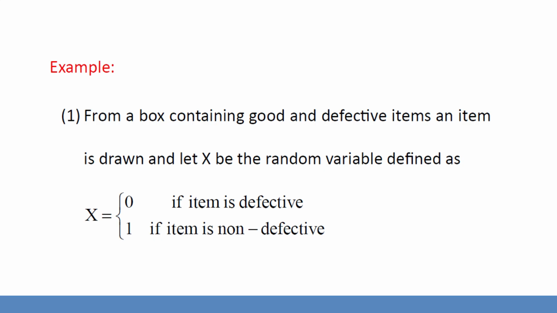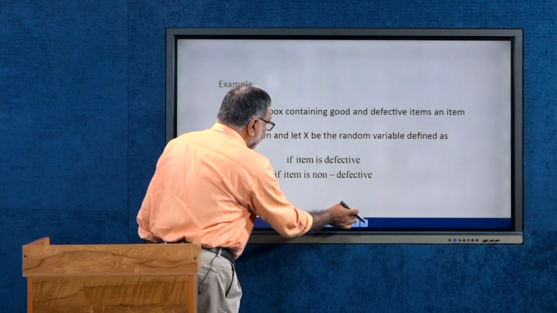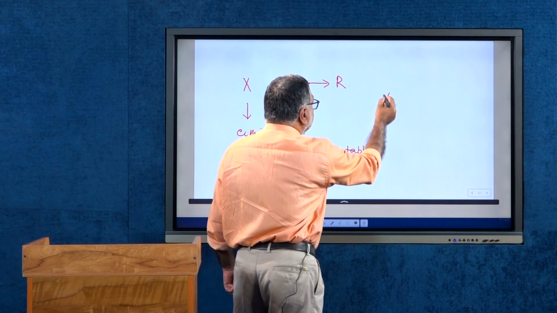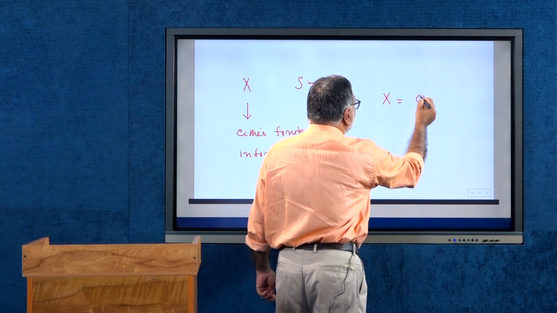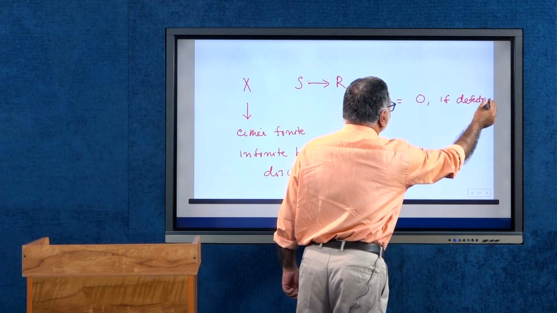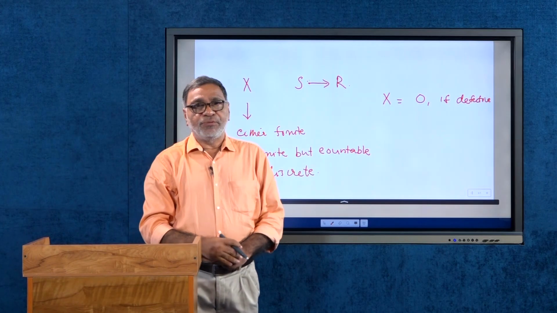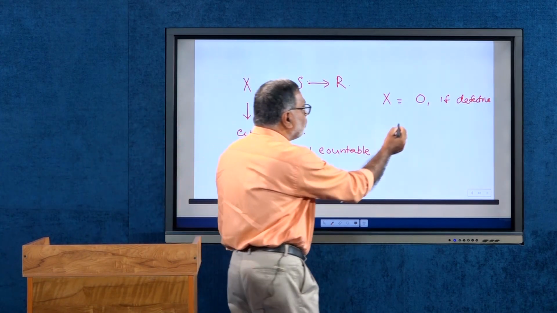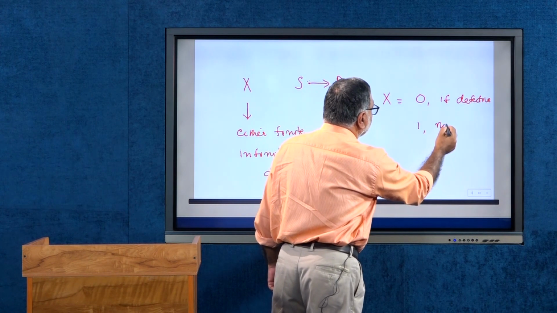For example, suppose you consider a box containing defective and non-defective items, that is, good and bad items. If we are drawing items from the box, suppose we define a random variable x as 0 if the item is a defective one, and 1 if it is a non-defective or good item.